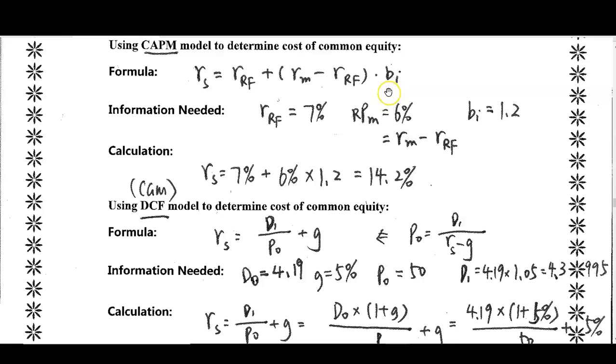And it's also given in the question that risk-free rate is 7%, market risk premium is 6%, so RM minus RRF is 6%. Beta is 1.2. Okay, we can just plug the numbers into the CAPM model. The cost of common equity or the stock return, RS, would be equal to 14.2%.